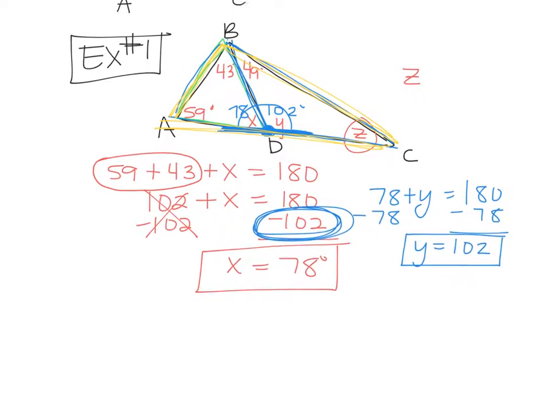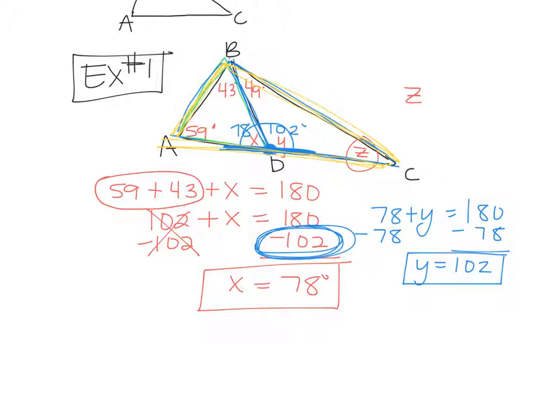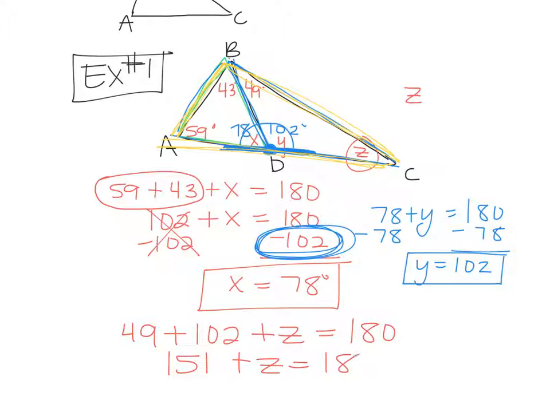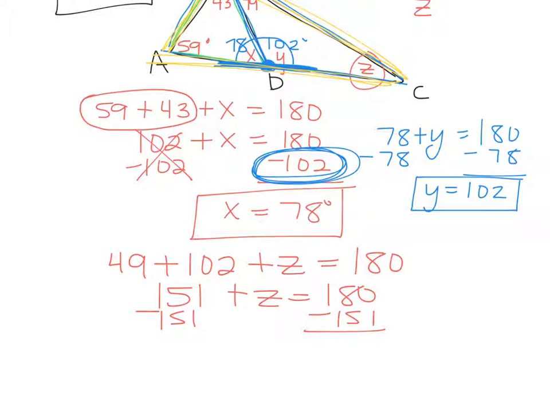So to find Z, we would do 49 plus 102 plus Z equals 180. So 151 plus Z is 180. So we're just going to take away the 151. 29. And Z is 29.